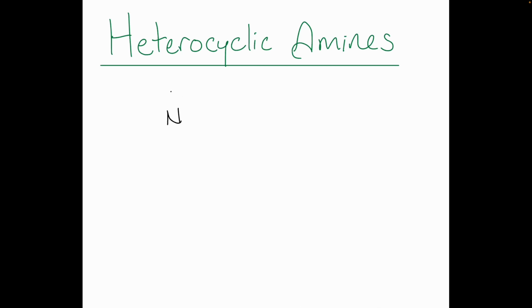We want to understand the features of these compounds. These are all going to be rings where nitrogen is a member of the ring. The first is the 5-membered ring. This one has the special name pyrrole, with 2 R's.